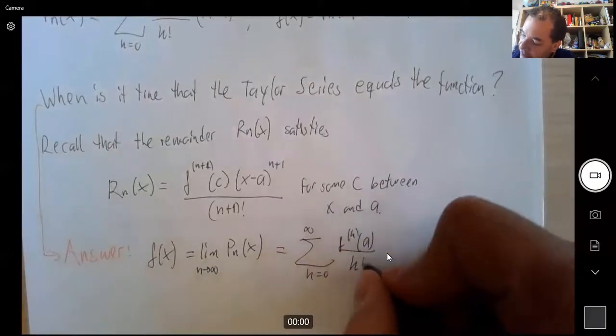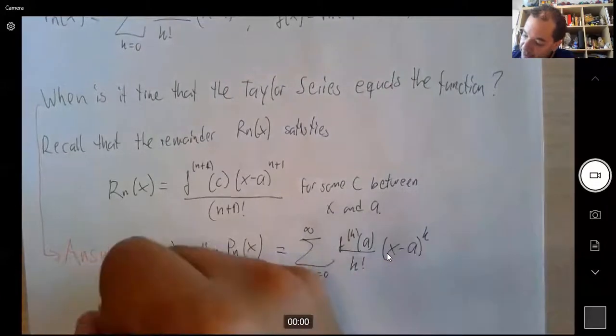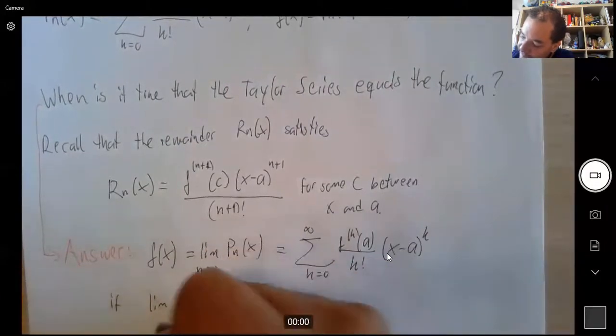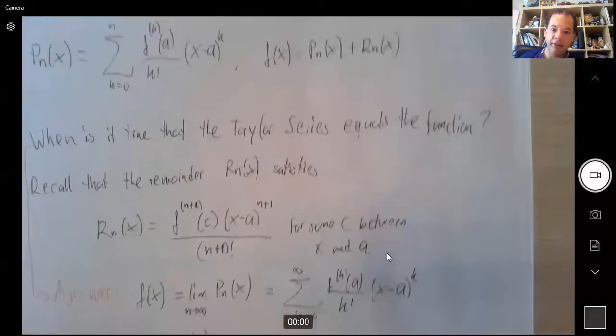That's the Taylor series. If the remainder goes to 0, right? Let's go back here.